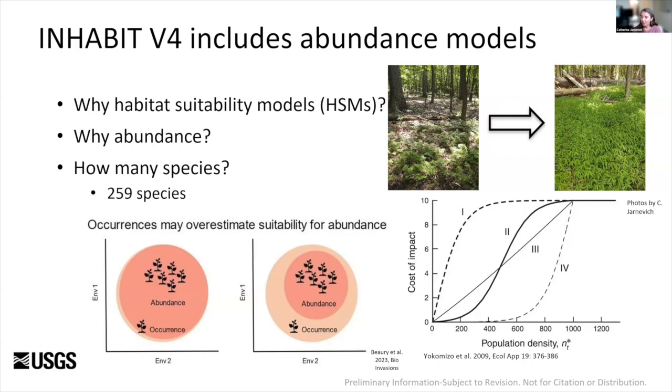It's found in all 50 states, including out east and in New York, but it's not really a problem there because it doesn't become abundant. So what we've been working on for the last few months is creating models of habitat suitability for where species could become abundant rather than just where they could occur.